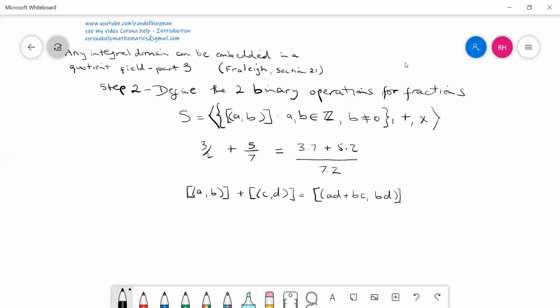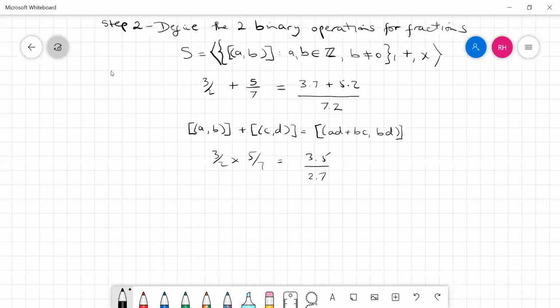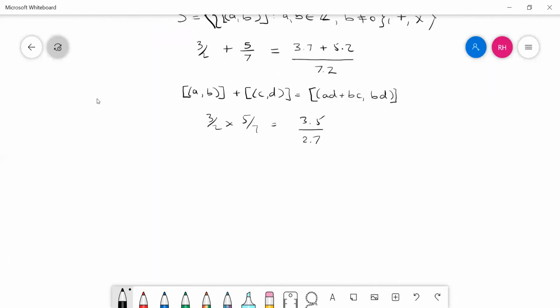Okay, and for multiplication, what have we got? Say we had 3 on 2 times 5 on 7. Well, then we just multiply 3 times 5 and 2 times 7. So once again, we can now construct what that means.